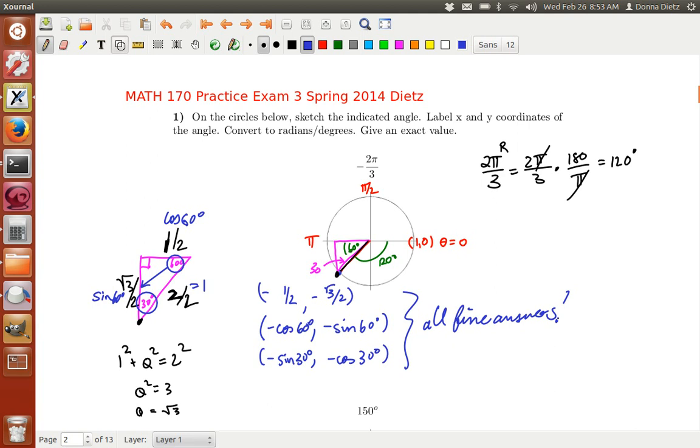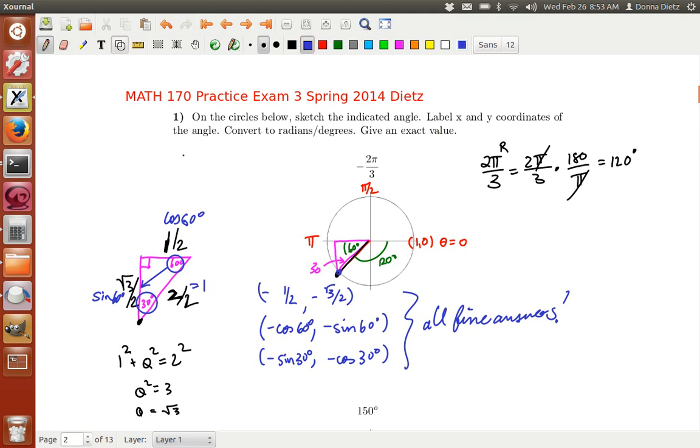Make sure we did what the question asked us to do. On the circles below, sketch the indicated angle. Yep, did that. Label x and y coordinates of the angle, meaning the terminal point of the angle. Yep. Convert radians to degrees. That's something we didn't quite do. We kind of did it, but not quite right. So what we need to do is figure out what the radians are. So we converted 2 pi over 3, but not negative 2 pi over 3.